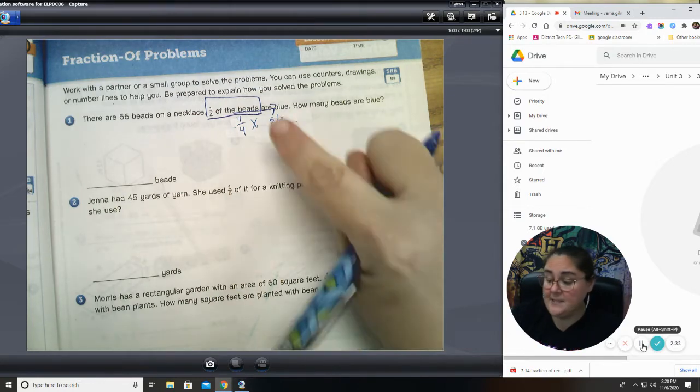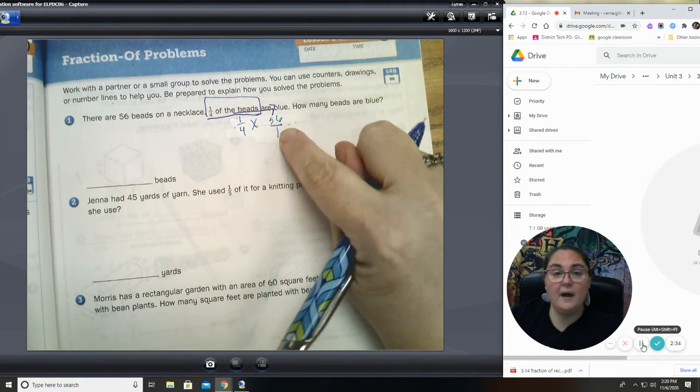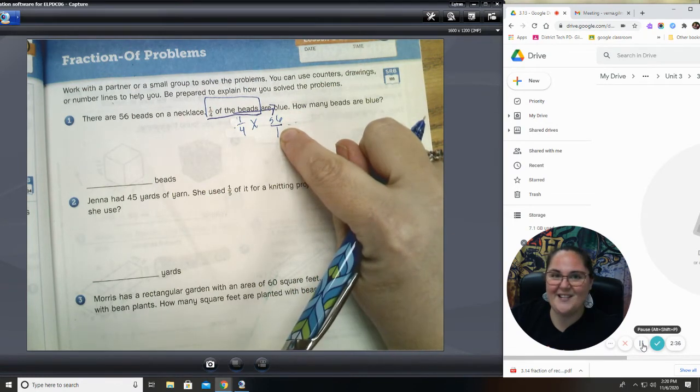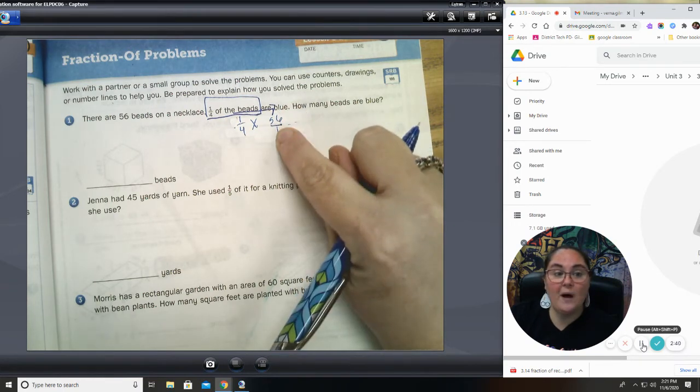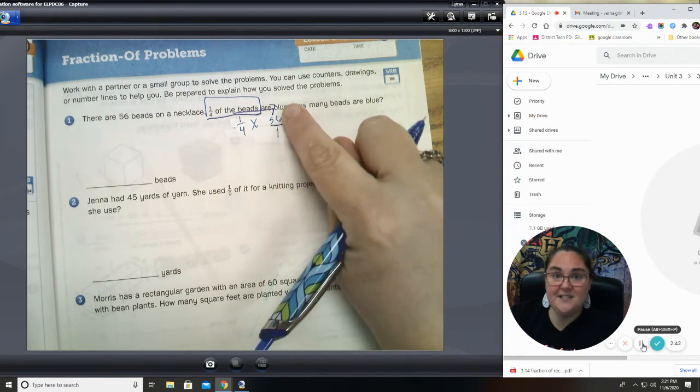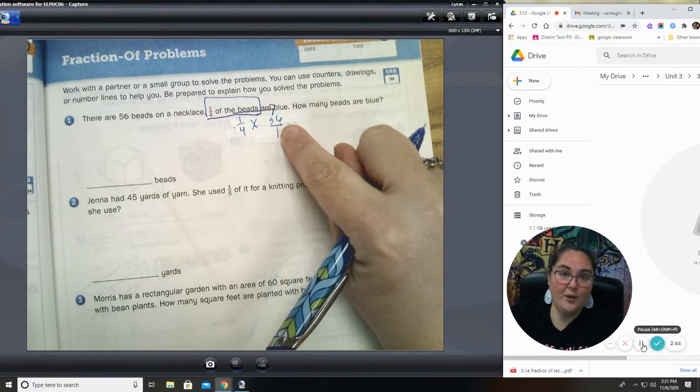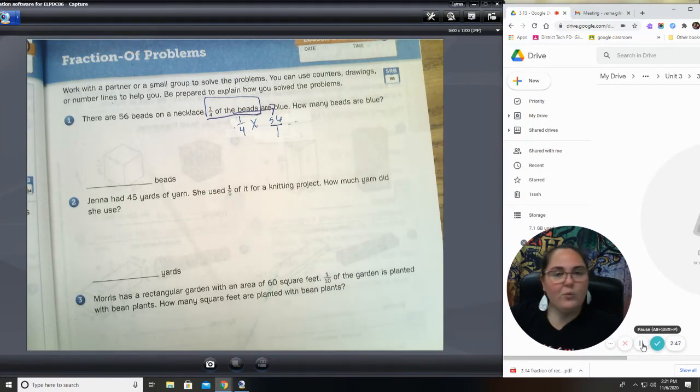The reason why is because 56 divided by 1, remember that's how we look at fractions, is 56. So with it over 1, that means it's 56 wholes. No matter what the whole number is, in order to make it into a fraction, always put it over 1.